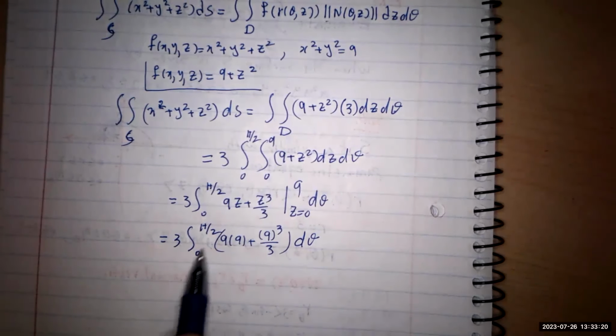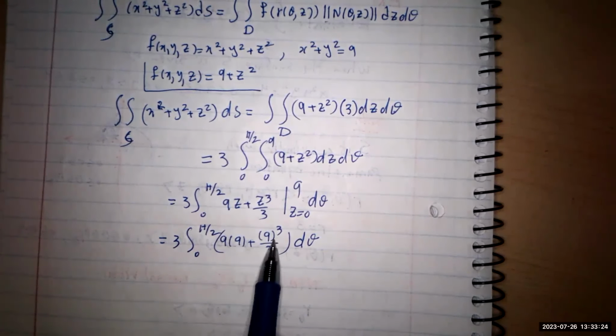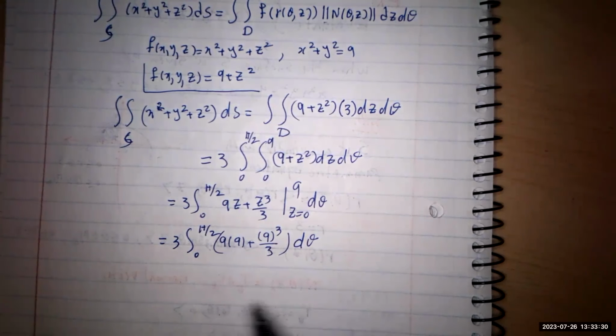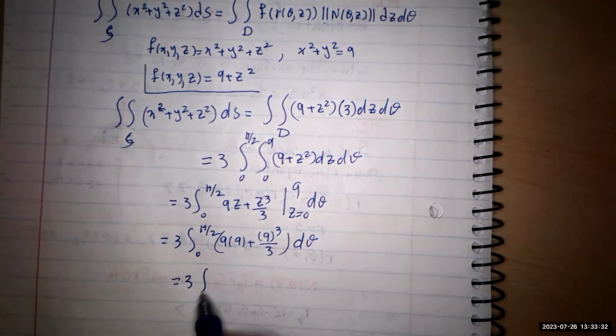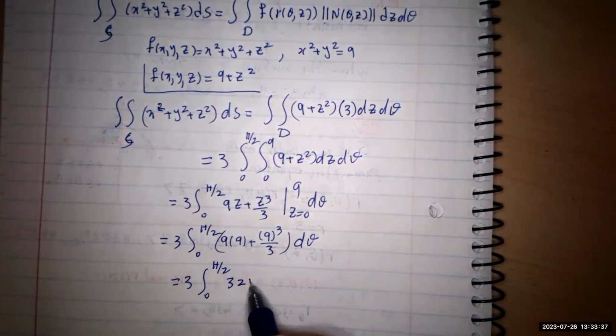You can simplify that: it gives 81, and this would be 243. Divide by 3 if you simplify everything. So it is going to be 3 times the integral from 0 to pi half of 324 d theta.